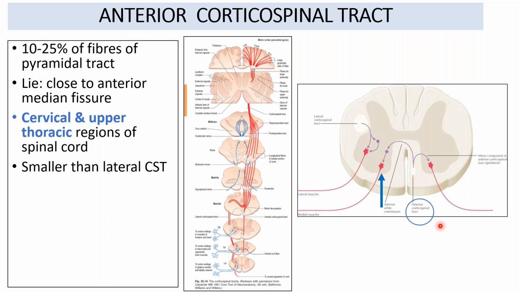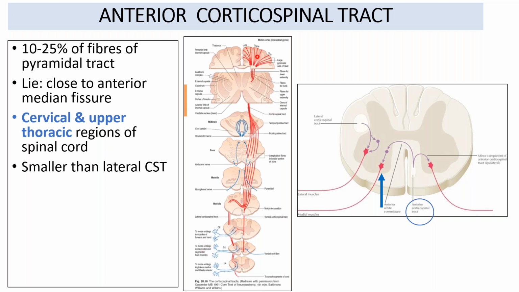So the anterior corticospinal tract, which was descending down on the same side because it didn't cross at the level of the medulla, will finally cross at the level of the spinal cord, and will also supply the motor neuron on the opposite half of the body.